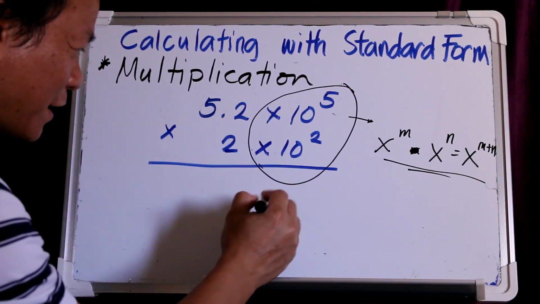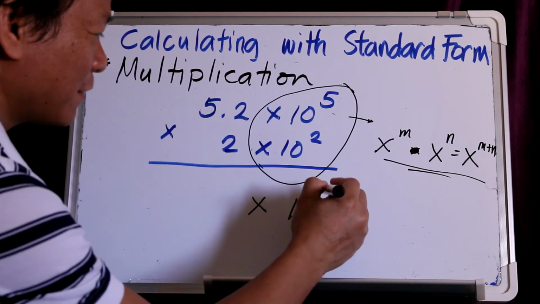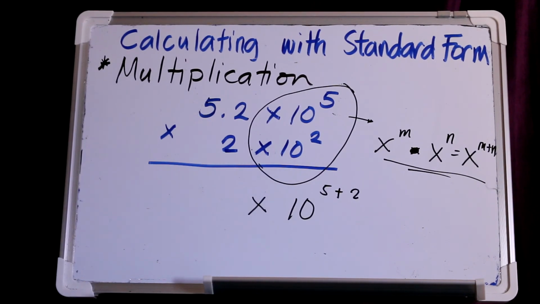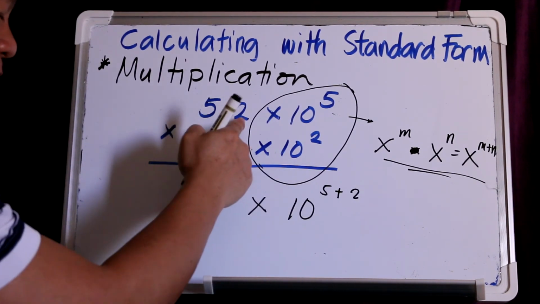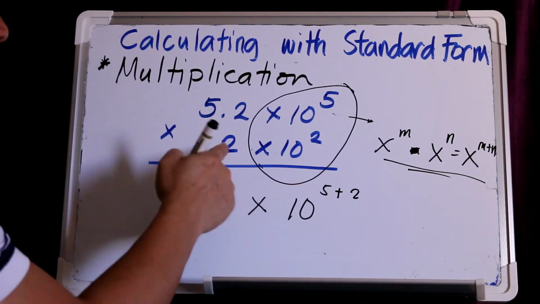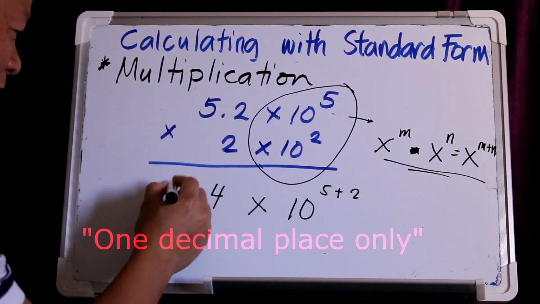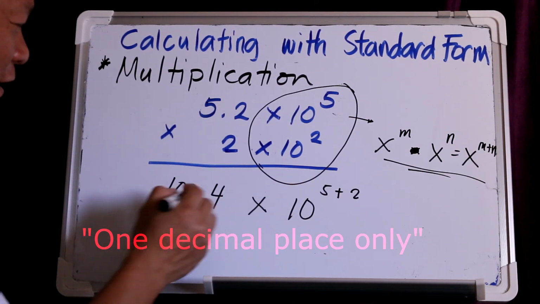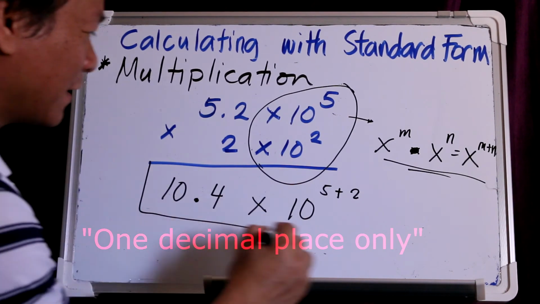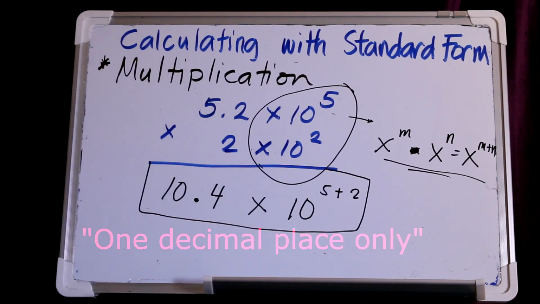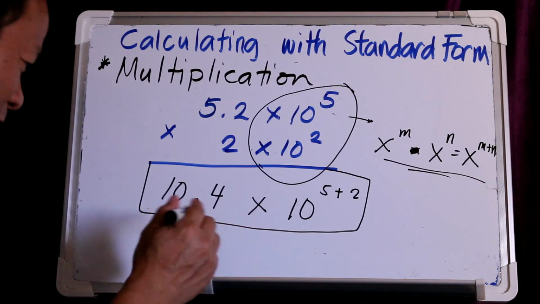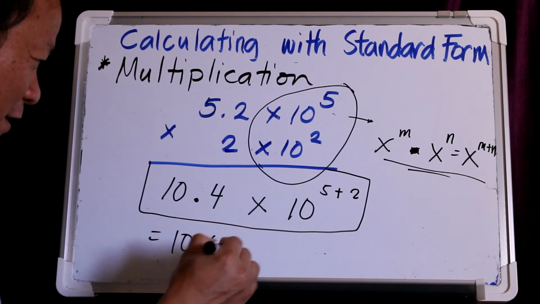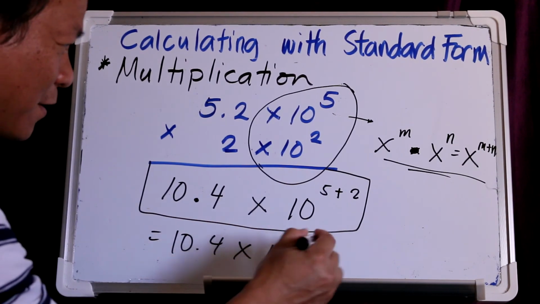So let's get to it. This will be 10 to the power of 5 plus 2. Alright? So right here you have 2 times 2, that's 4. 2 times 5 is 10. And then you have 1 point only, so you have 10. Alright, so 10.4 times 10 to the power of 7.